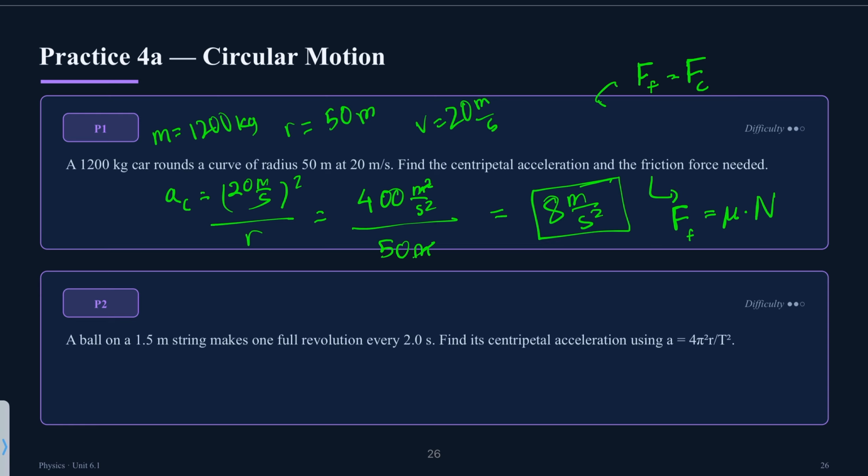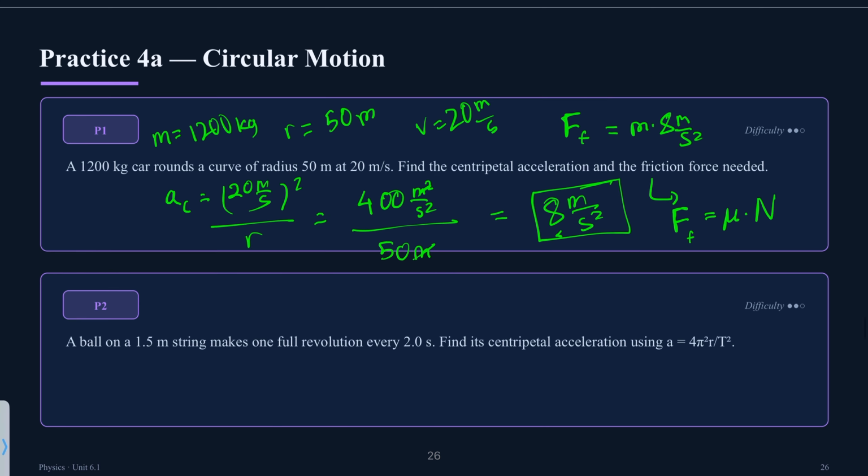This is going to be equal to force of friction. It's just the force of centripetal. What's a centripetal force? It's this acceleration times our mass. Or in other words, force of friction is just mass, which is 1200 times 8, or 9600 newtons of friction force. Okay? All right.